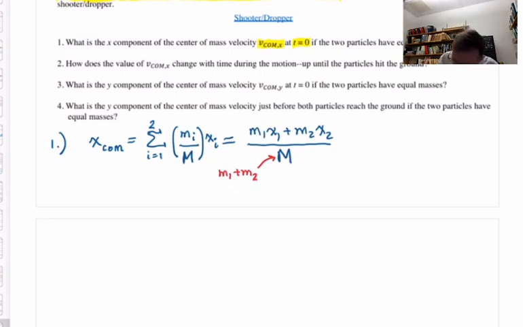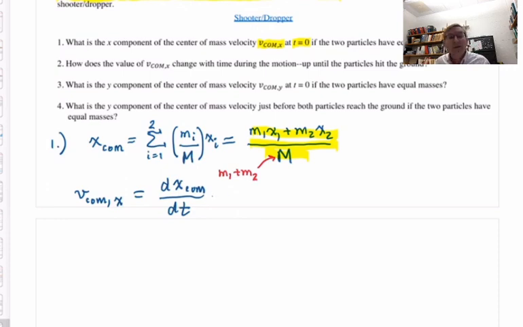So VCOM x component is the derivative of the x-coordinate of the center of mass, XCOM, with respect to time, dXCOM/dt. And this right here is the formula for XCOM. That's what I have to take the derivative of with respect to time, using what I know about physics and about calculus.